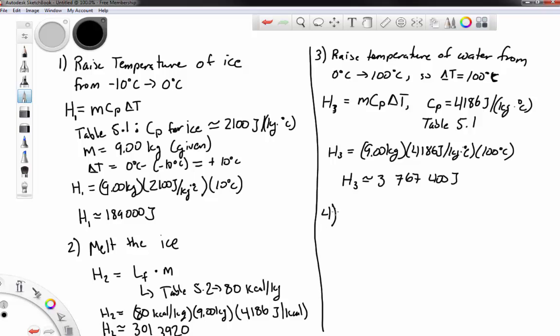Step number 4 involves vaporizing or boiling. So boil the water. And the latent heat of vaporization from table 5.2 is 540 kilocalories per kilogram.